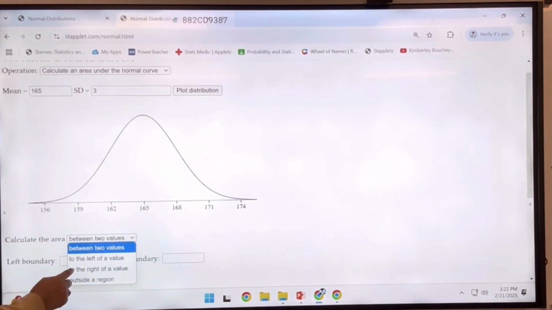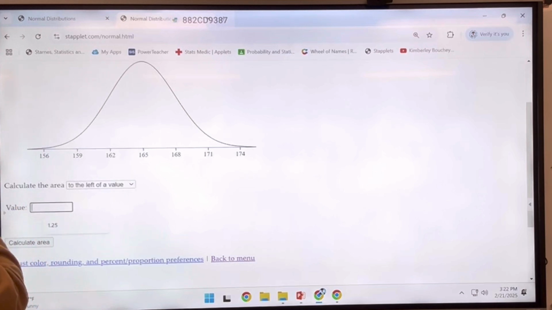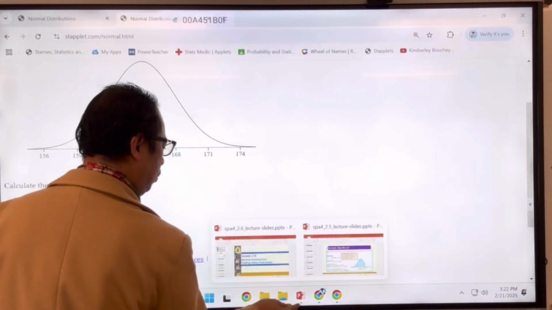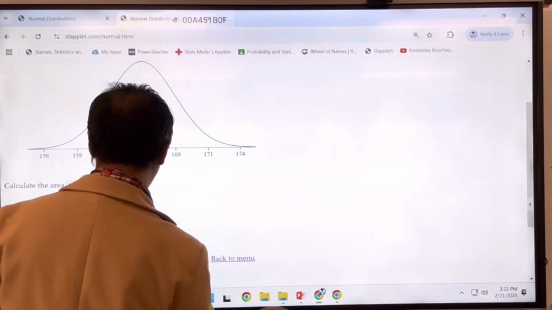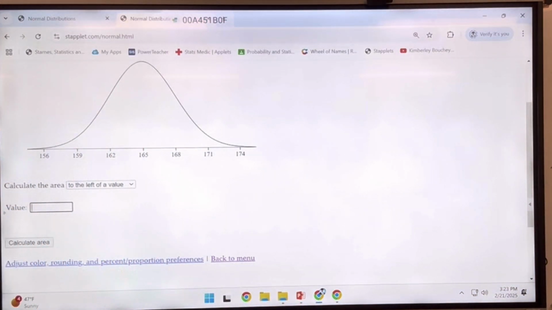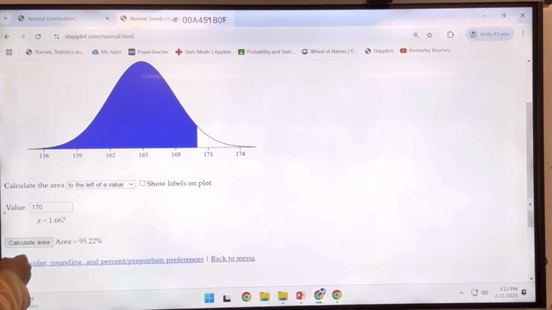Now you go to the left. And then what's the given value? 170. So you got 170 here. Alright, 170 is the control variable.